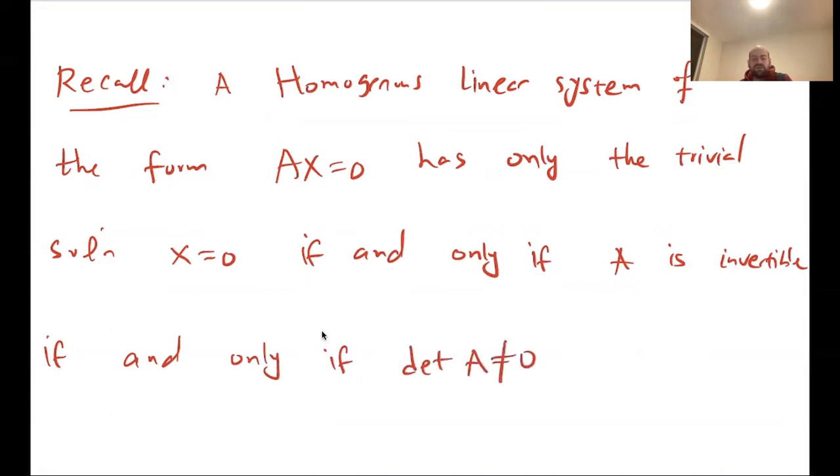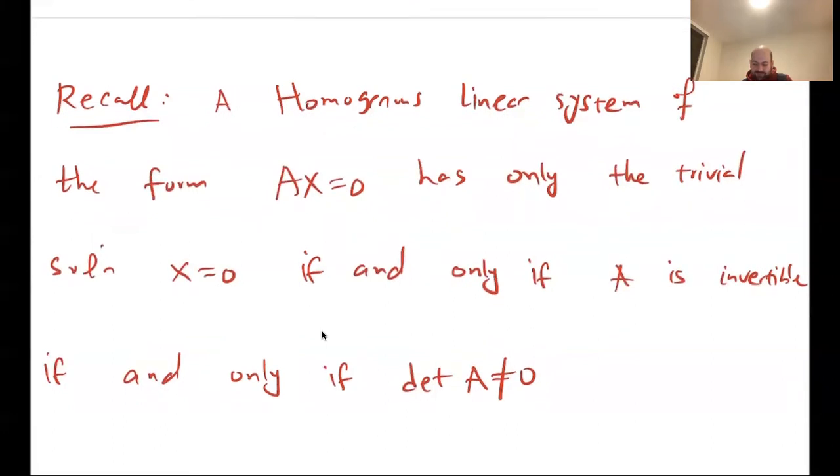So these are three important equivalent conditions for invertibility of A. Here A is an n by n square matrix, because the determinant is only defined for square matrices, and invertibility also only for square matrices.